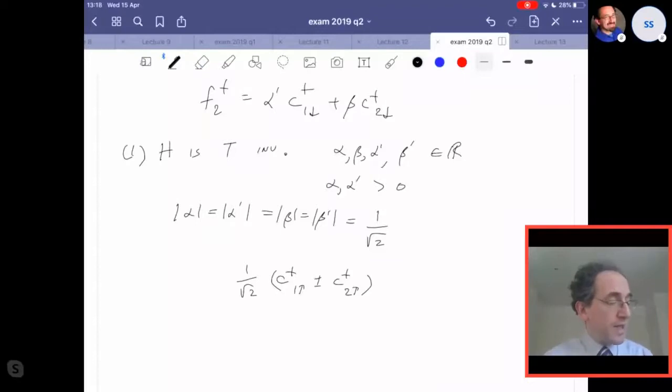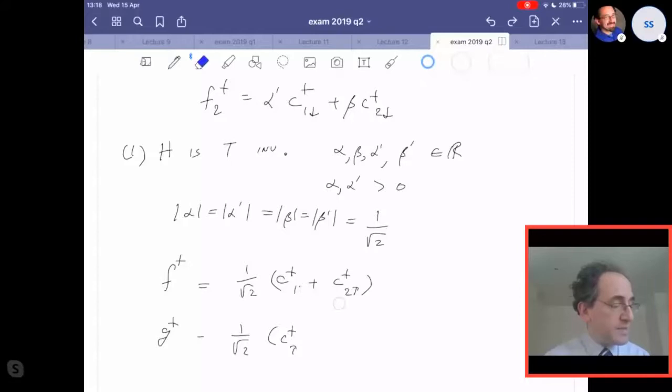Let's call F dagger sigma, with spin sigma, the symmetric superposition, and G dagger sigma the anti-symmetric superposition.